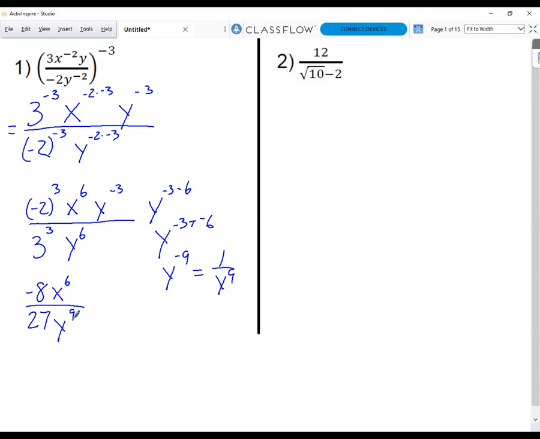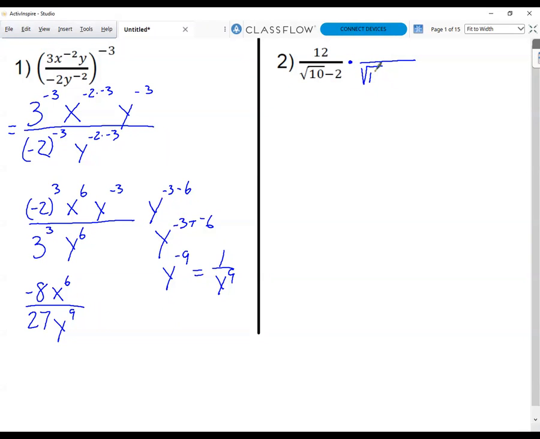Problem 2, it'll say to simplify. So you have 12 over the square root of 10 minus 2. Remember, you cannot leave a radical in the denominator. That is just a big no-no. And what you want to do is you want to multiply through by the conjugate of the denominator, not 12 times 10 minus root 2.